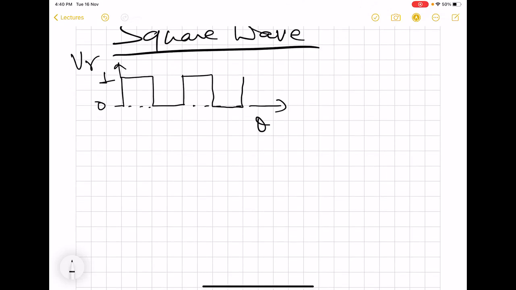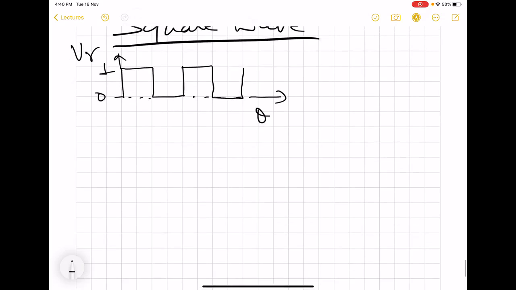For the analog signals, sinusoidal signals, we interpreted the sinusoidal phase as the angular displacement and the strength of the signal as the projection on the y-axis of the phasor rotating with angular velocity omega.